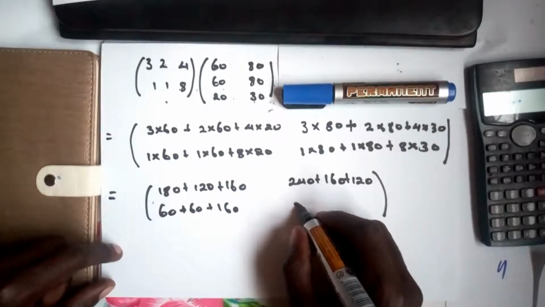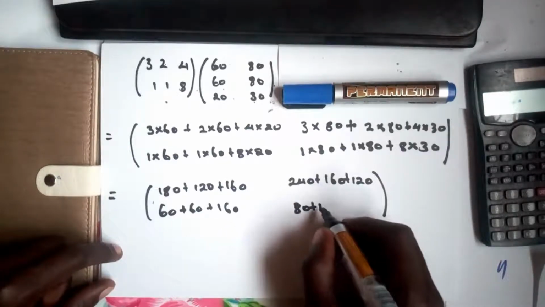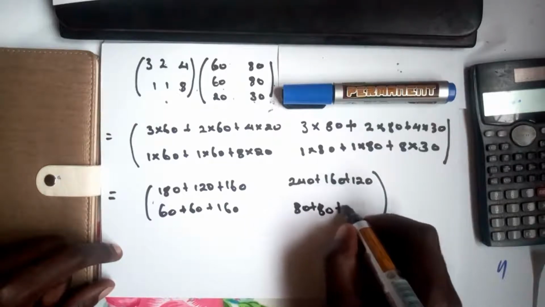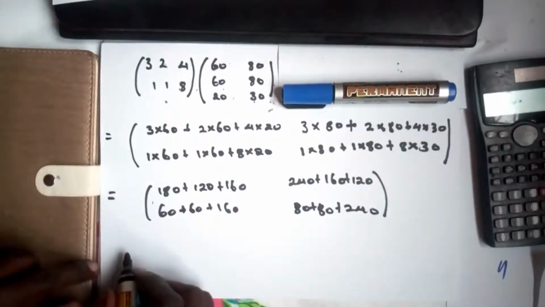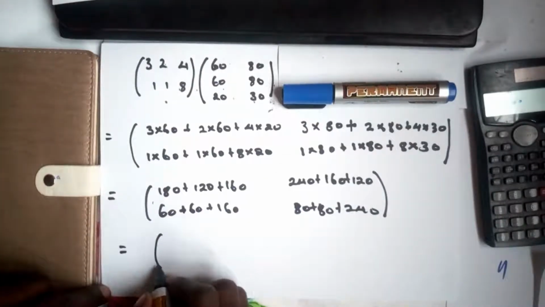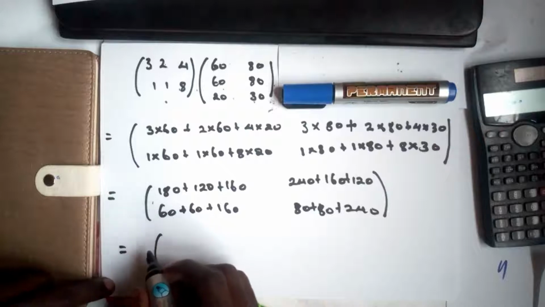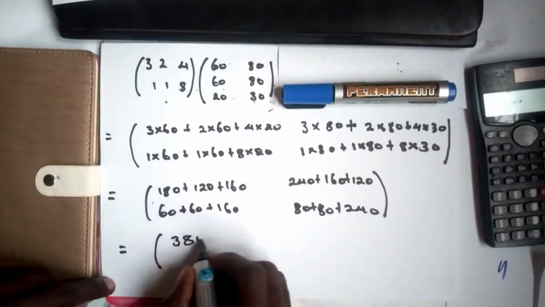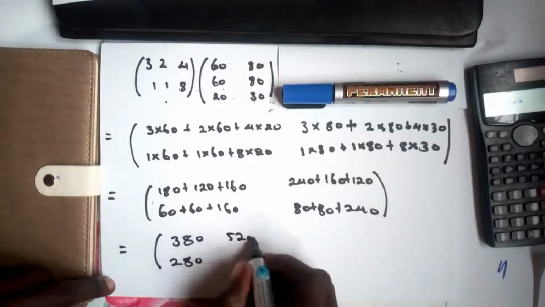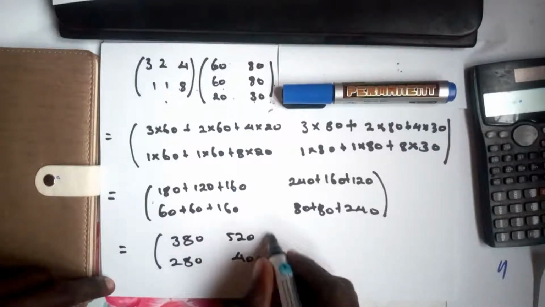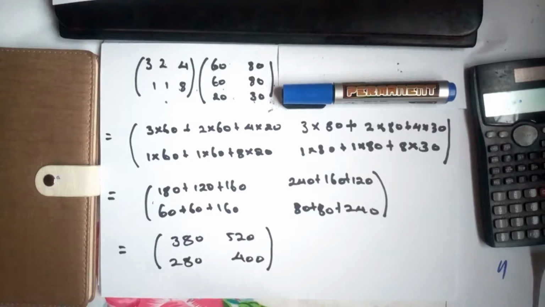This is 80 plus 80 also plus 240. Then the final answer that I should be having here is 380, 280, 520 and 400. Now let's analyze these results together.